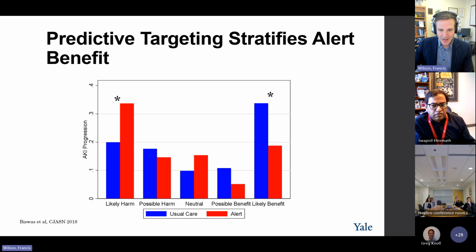This is in a held out test set from this trial. If you just look at the extremes, among the people that we predict would be harmed by the alert, if they got the alert in the trial, they do worse. And among the people who we think would likely benefit, if they got the alert in the trial, they did better in terms of AKI progression.